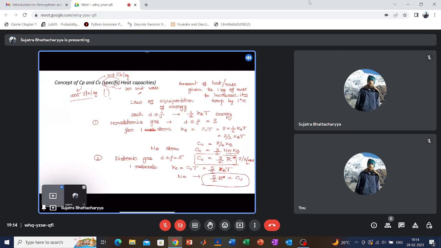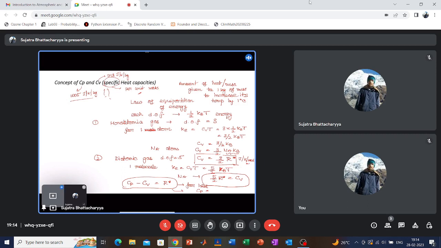And if you do Cp minus Cv, this is equal to R star, which we know for 1 mole. For 2 moles, it will be 2 R star. Fine. So you can see that from this equation, Cp will be equal to R star plus Cv.